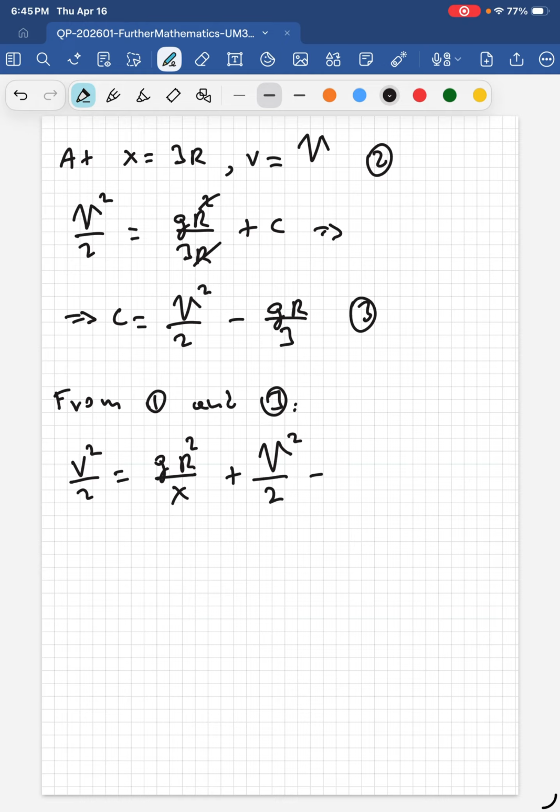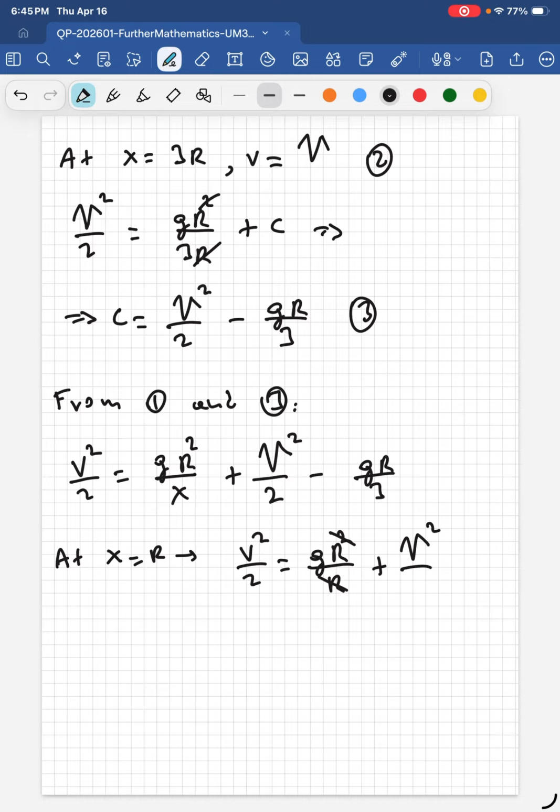So at x equal to r, the velocity we get is v squared over 2 is equal to g r squared over r. So that r squared is cancelled with the r in the denominator, plus V squared over 2 minus g r over 3.